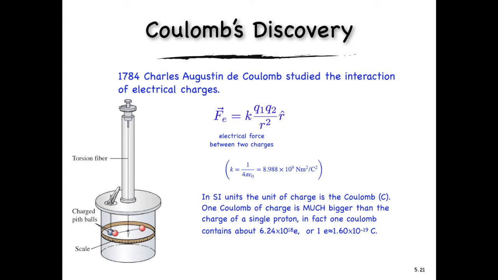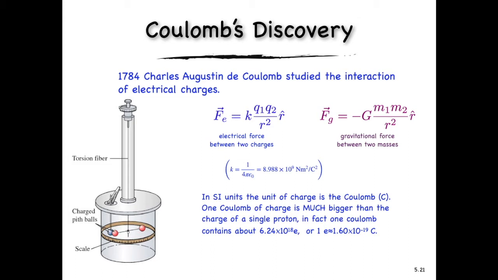Does this equation look familiar at all? Can anyone think of an equation that looks very similar to this that you might have learned last semester? Yeah, good. Newton's universal gravitational law looks almost identical, right? This was a measurement of the force of gravity between two massive objects, m1 and m2.